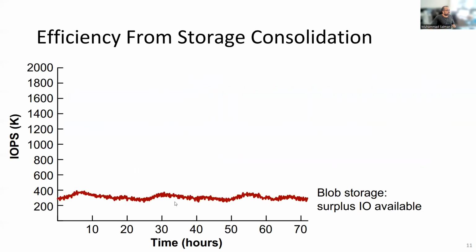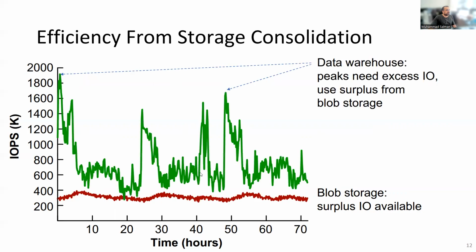Here it is the time in hours, and it is the number of input output operations per second in kilos. If you look at the blob storage operation, it is almost consistent. It doesn't have very sharp peaks, so it remains consistent, and it always has some surplus IO available. But when they have the data warehouse operations at peak time, sometimes they have high peaks, and sometimes they fluctuate and have low requirements.